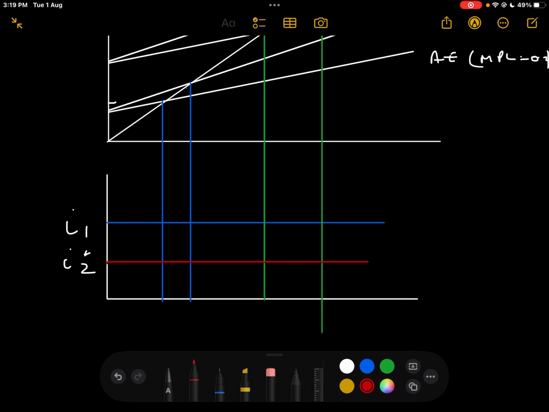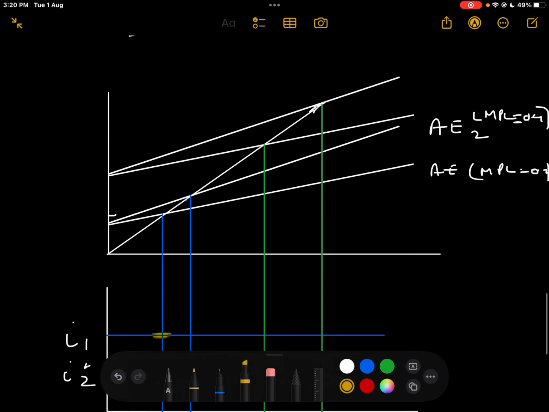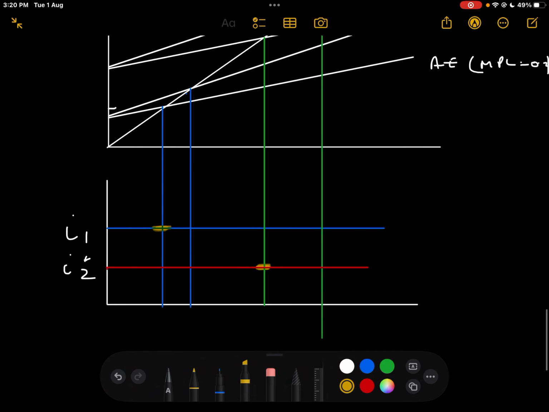See, what happens is that in this case, this point and this point represent our aggregate expenditure with smaller MPC, that is MPC 0.2. Now let us plot this. This will be somewhat like this.